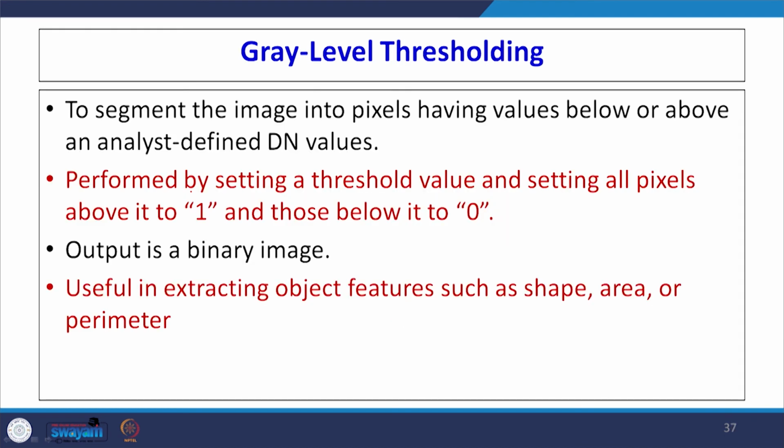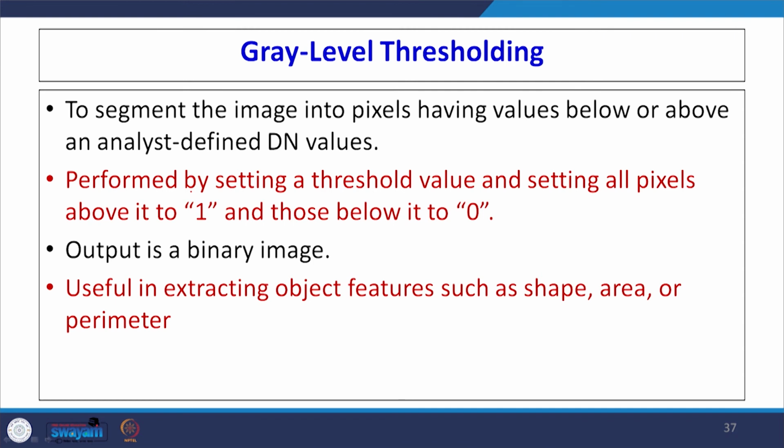Next is the gray level thresholding, and in gray level thresholding, what we are doing is identifying a certain range of the desired object. Suppose the desired object is the water feature.